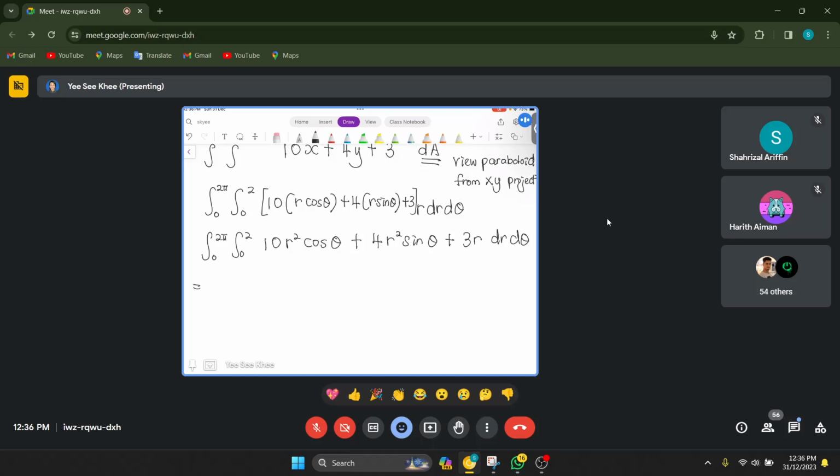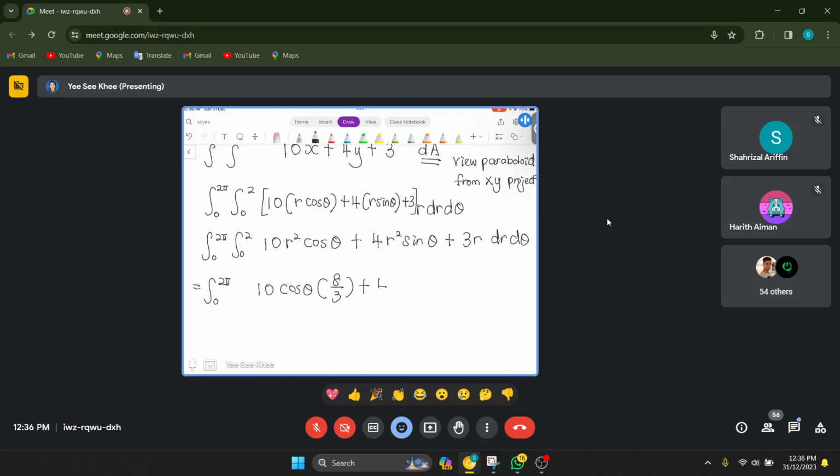You can use a calculator to do it. But you cannot combine all because it has the cos theta, so you have to press it separately. For this one you take out the 10 and also the cos theta, you just press the r squared, then you get 8/3.